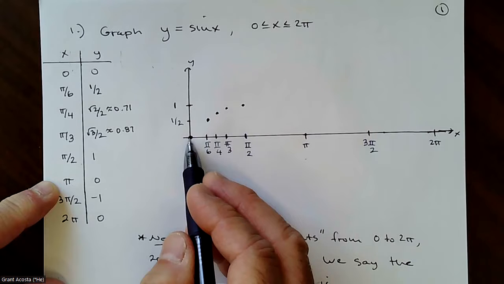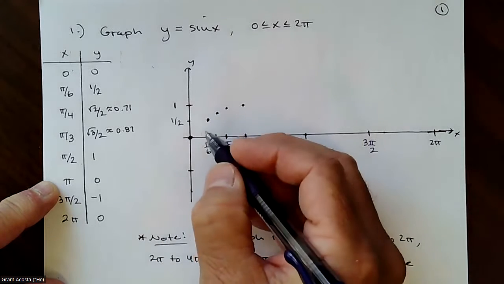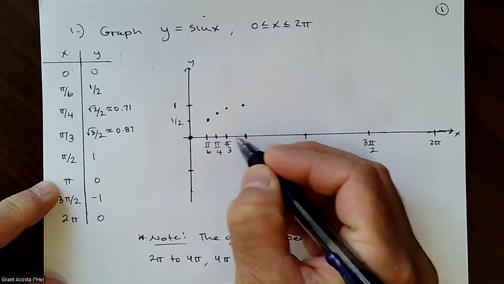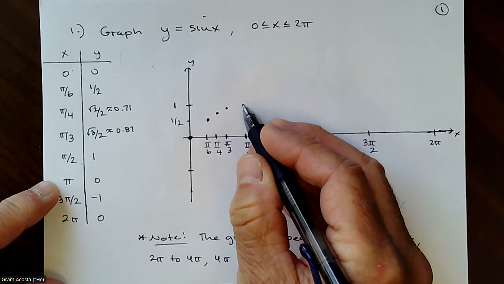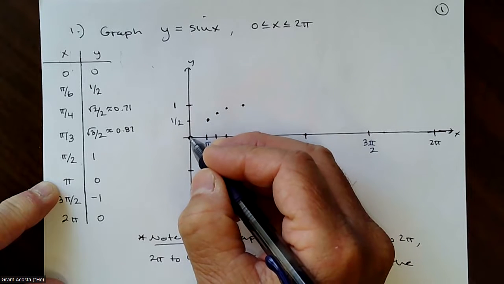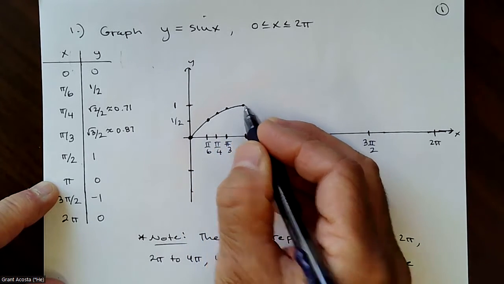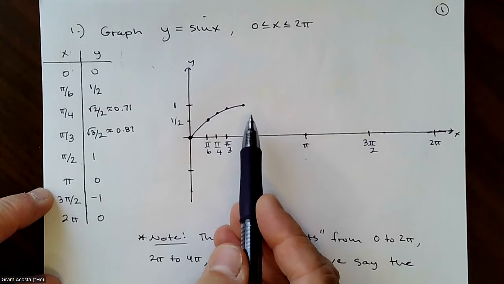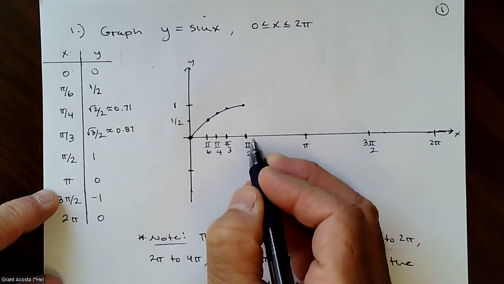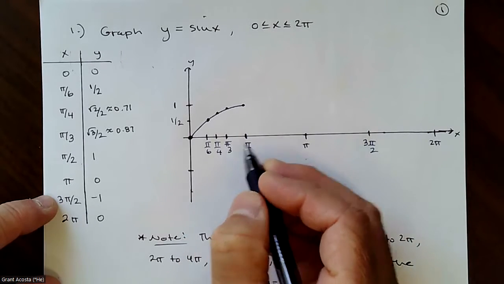I included some of the angles in between 0 and pi over 2 just to show graphically that, while we're at 0 when x is 0 and we're at 1 when x is pi over 2, it's not linear. You can tell this is not a straight line relationship. It's going to look more like this. And then you could do the same thing and pick a bunch of angles between pi over 2 and pi, using reference angles of pi over 6, pi over 4, and pi over 3.